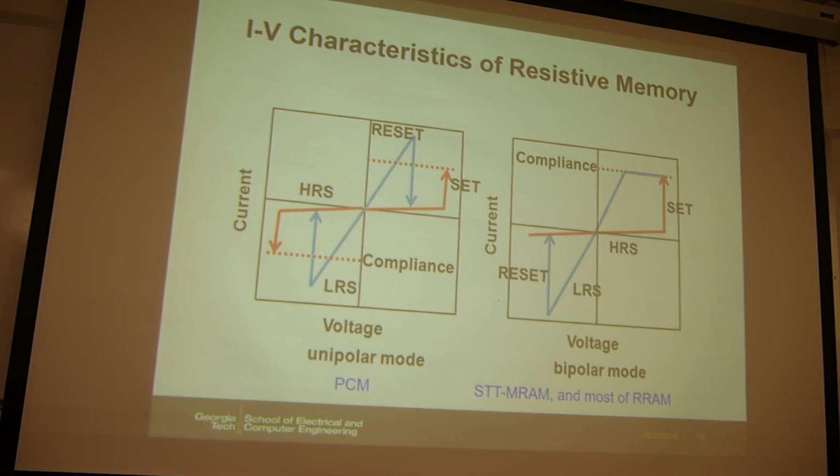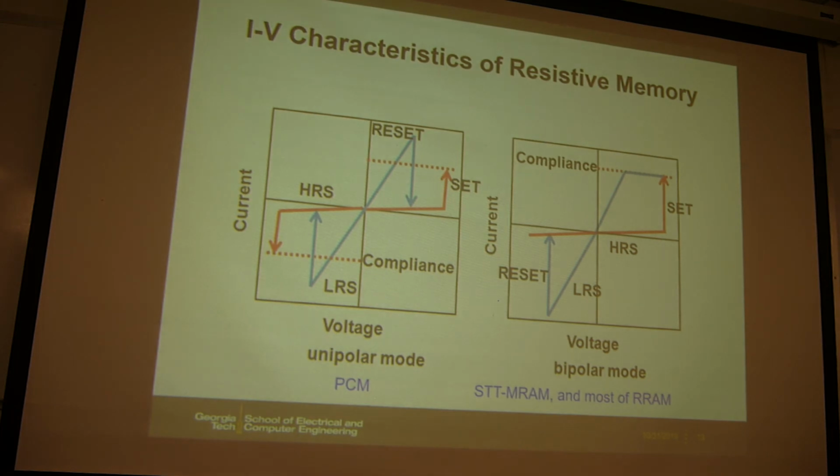Okay, so let's look at some of the IV characteristics of the resistive memory in general. So there are two kinds of switching mode. One is called unipolar, one is bipolar. Unipolar means that you apply the same polarity of voltage to change the state. For example, here, initially you are on the red curve. That means you are in the high resistance state because the current is small.